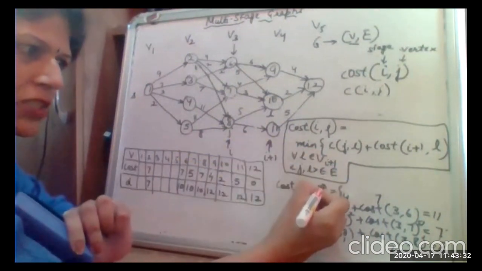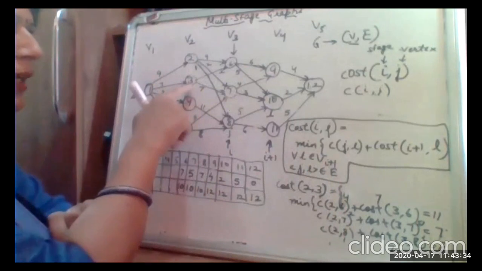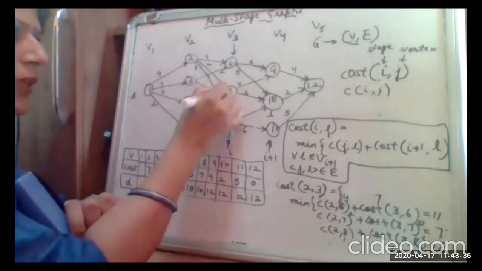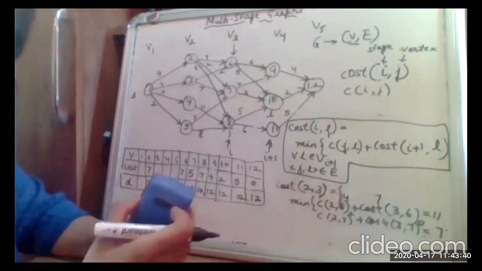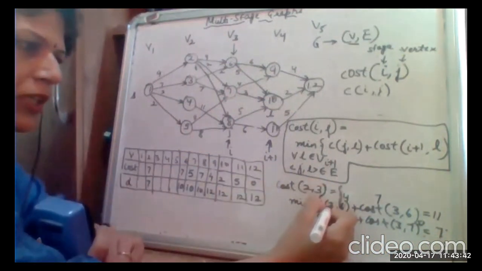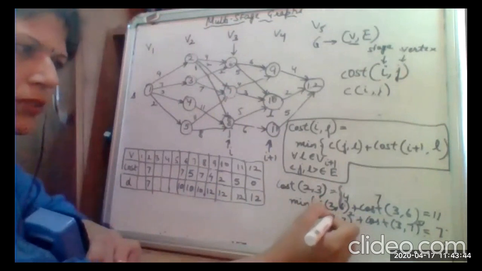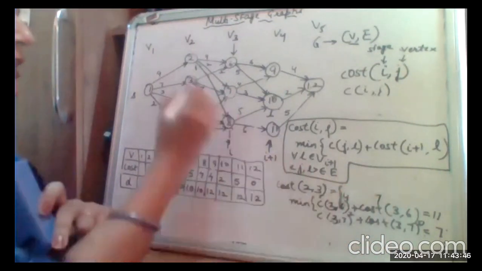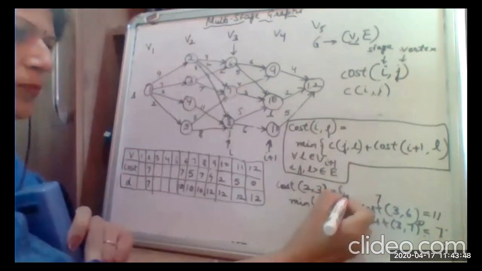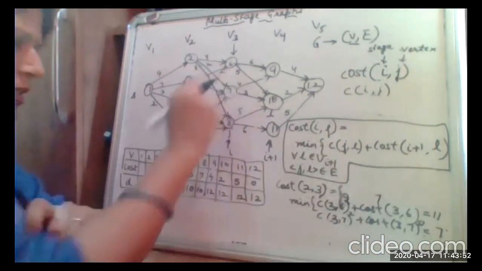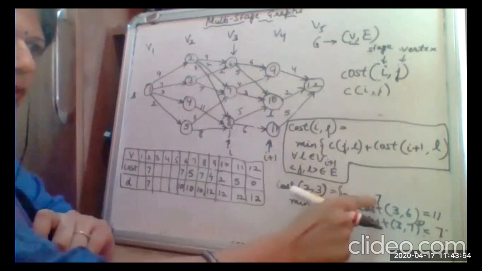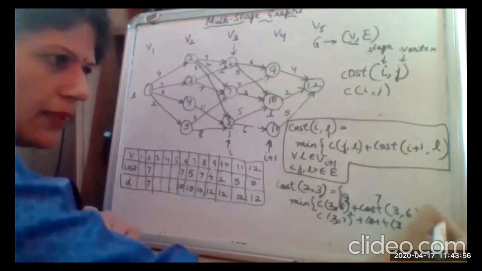Fine. So now let's start with the third one. That is at the stage 2, third vertex. Third vertex is connected to only 6 and 7. So we will have only 2 values here. So from 3 to 6 and 3 to 7 edges. 3 to 6 is 2. Cost of 3 to 6, minimum cost here was 7. So 2 plus 7 is 9.